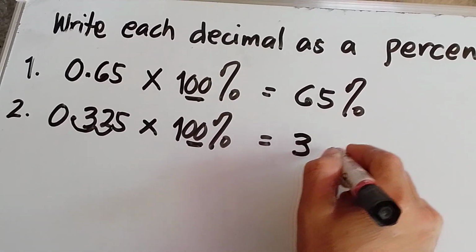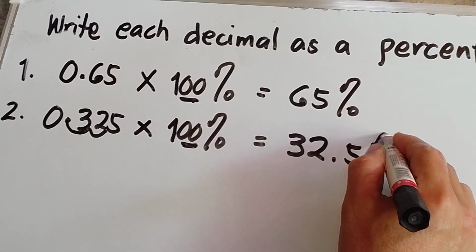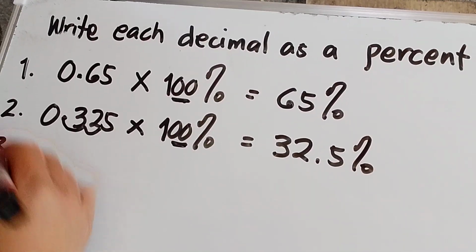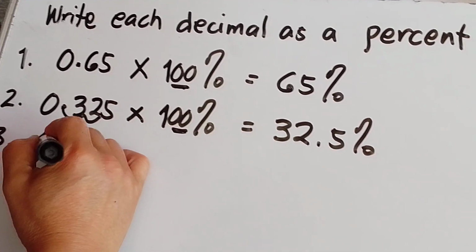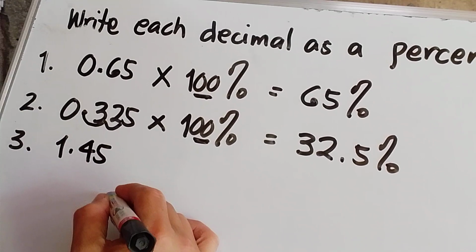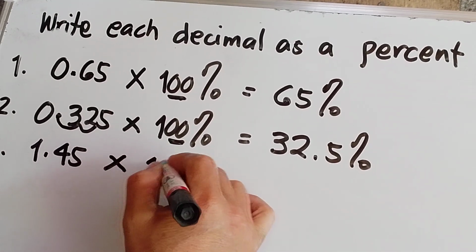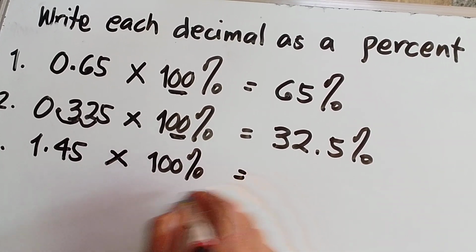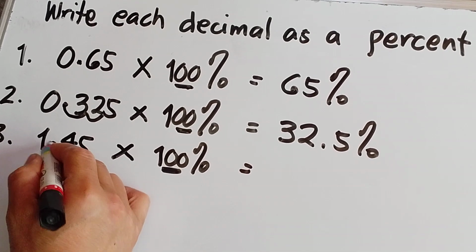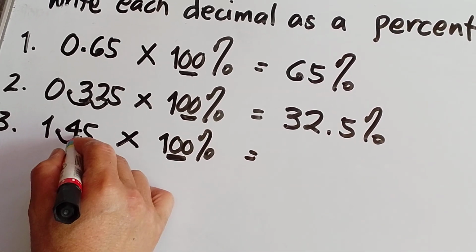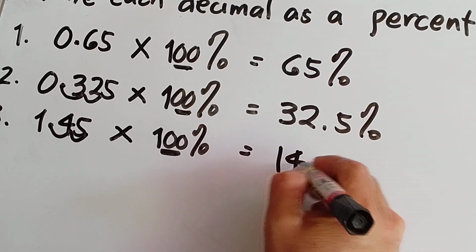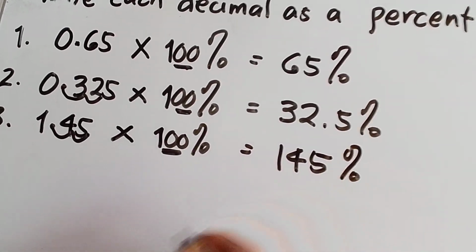My answer for number 2 is 32.5%. Now number 3, 1.45. This will be multiplied again by 100%. There are two zeros, so from here, move two decimal places. 1, 2. So my answer for number 3 is 145%.